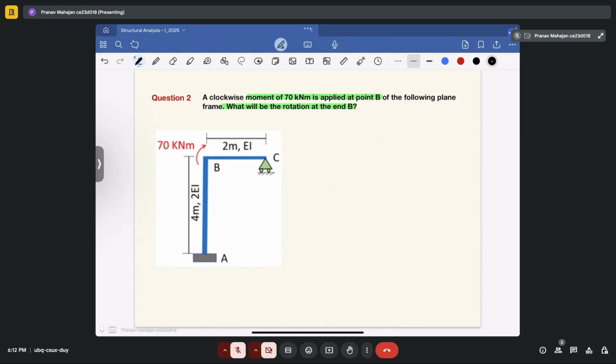We have seen that when you have a hinge at the far end, so if you see the span BC, your far end is support C. In that case, the hinge is the far end condition.